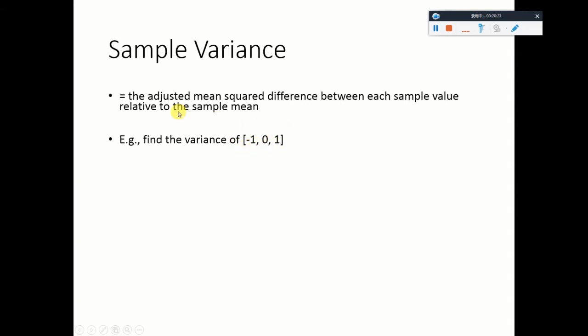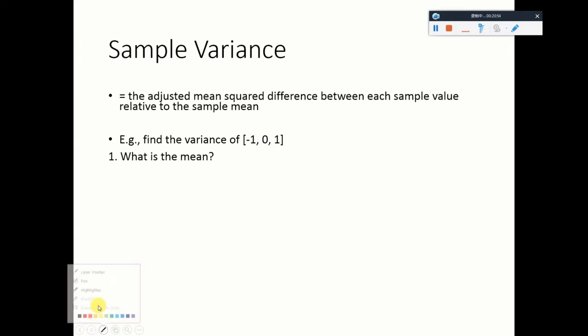So now let's find its variance. The first step of finding sample variance is to find the mean, because the sample mean is indeed a component of its definition. So we need to find the sample mean. What is the sample mean of these three values?